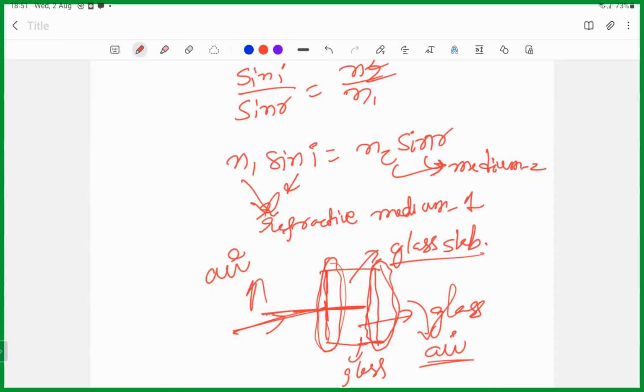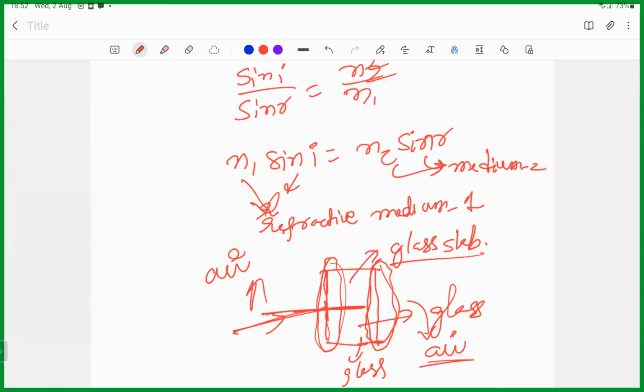Show me the figure. Okay. That's a 10 point. Hurry, your paper is going somewhere.